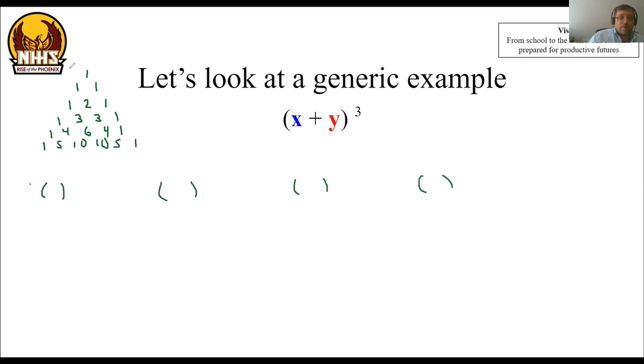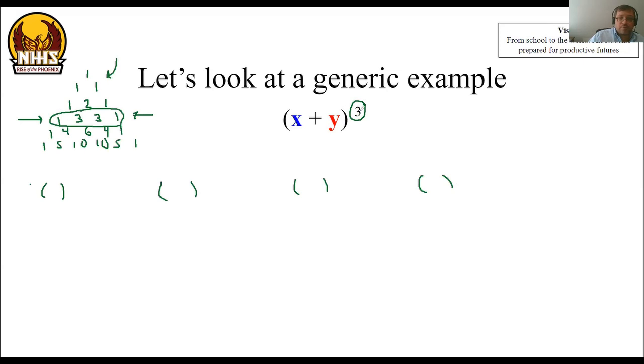Now, you look at this row right here, 1, 2, 3, 4, 5. Whatever this exponent is here, that matches the row with that number in there. So you see the 3's here. So this is the row I'm using.